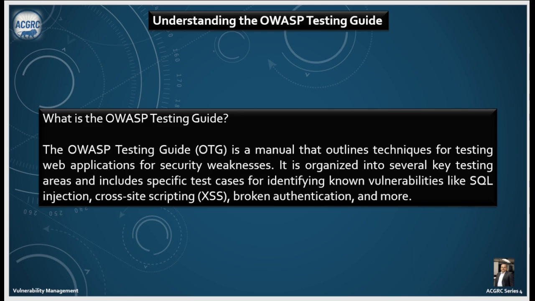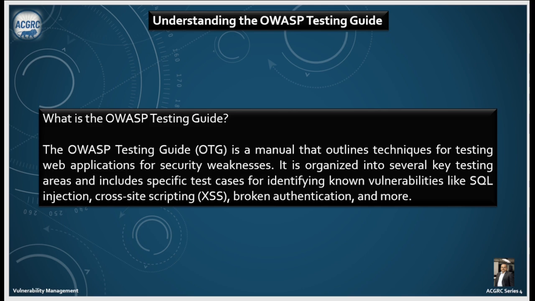What does the guide do? Well, it explains how to find security flaws in websites and web applications. It shows where to look, what to test, and how to test it. It covers everything from logging systems to database interaction and API security.